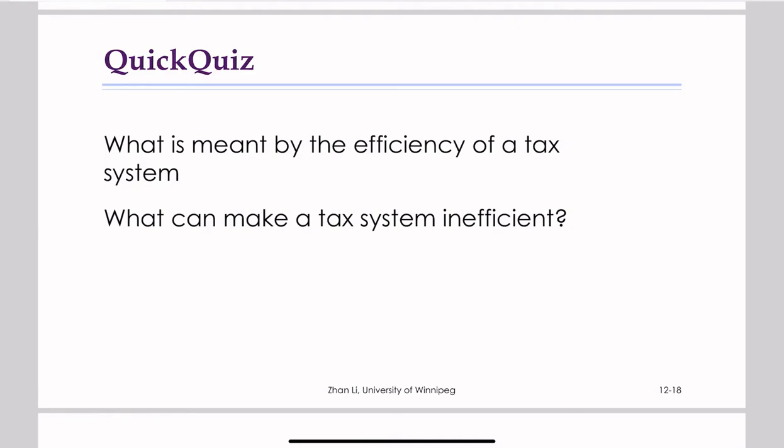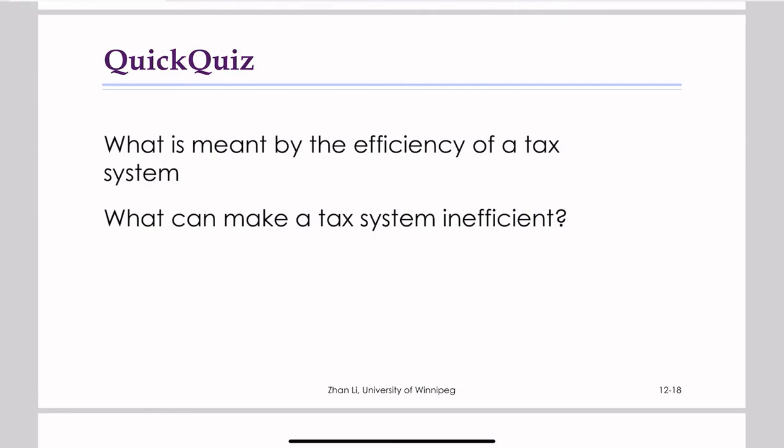And we know that this administrative burden can actually be imposed on both government and taxpayers. As a taxpayer, you have to file tax every year, and as the government, you have to set up an agency to ensure that everybody is reporting their tax correctly.